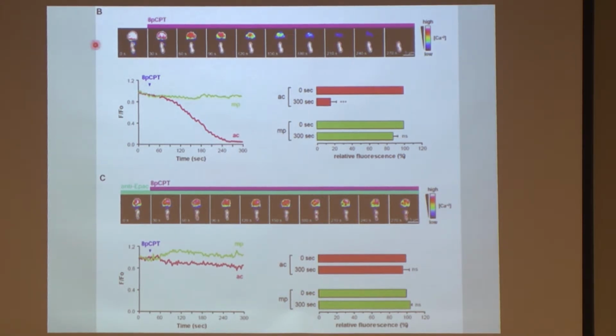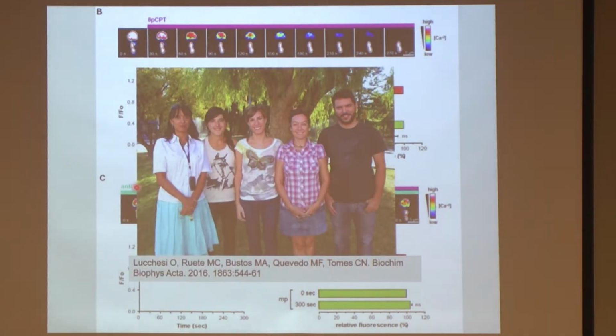But if you use an antibody that blocks EPAC, it will block the release of calcium from inside the acrosome. So this is the beautiful work done by Ornella Lucchesi in the group of Claudia Thomas.